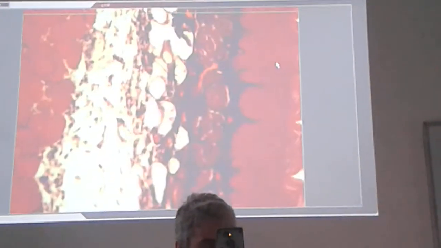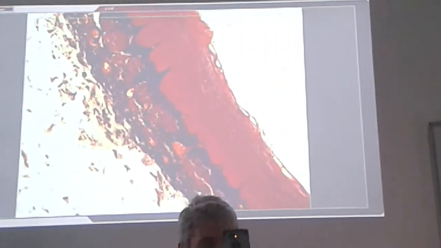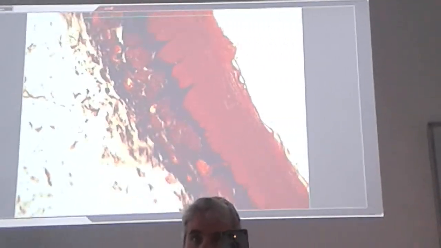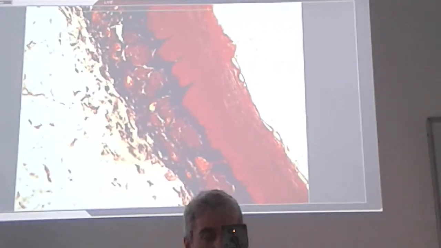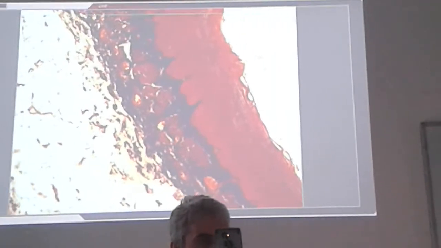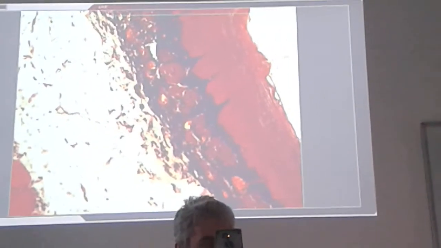Once I make a bigger magnification, I can observe that the mucosa of the esophagus is very similar to the mouth and the tongue that we were observing in the previous one. So similarly, it is also lined with a stratified squamous epithelium.